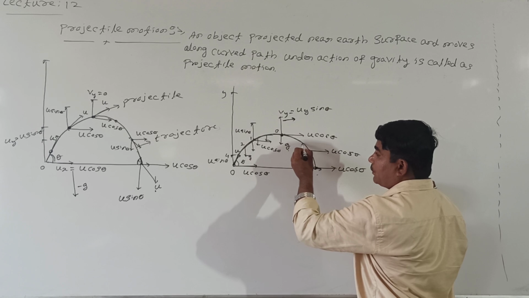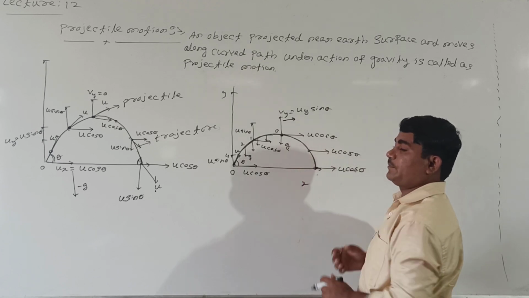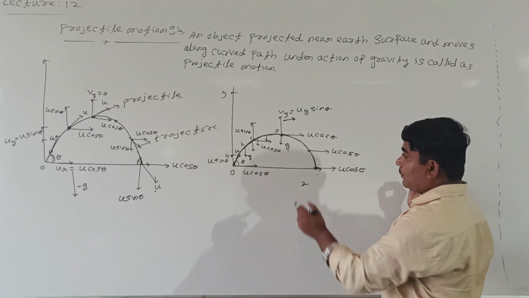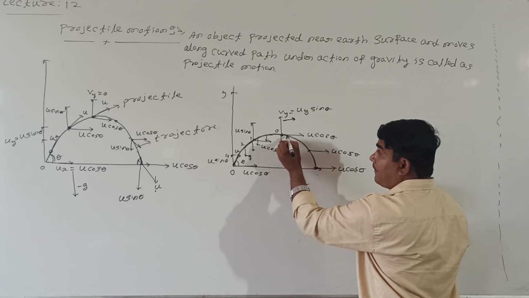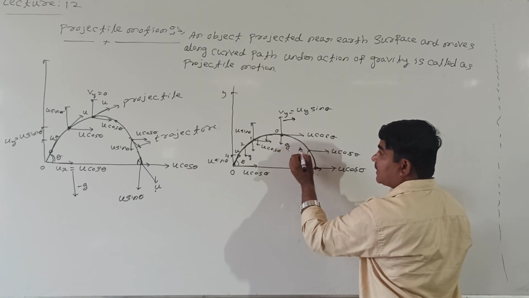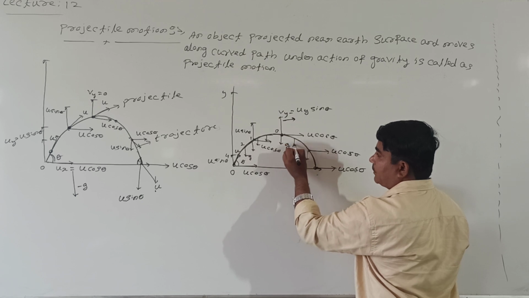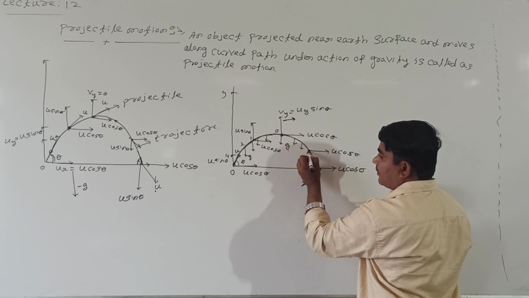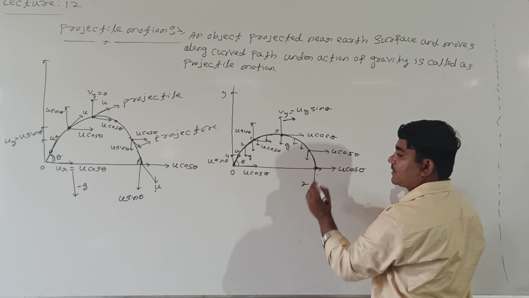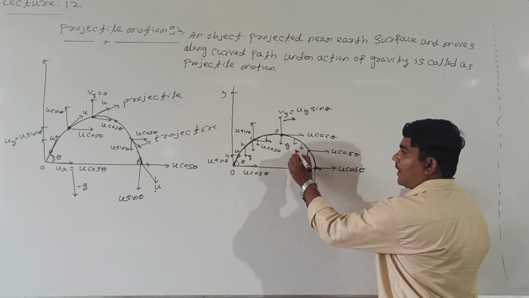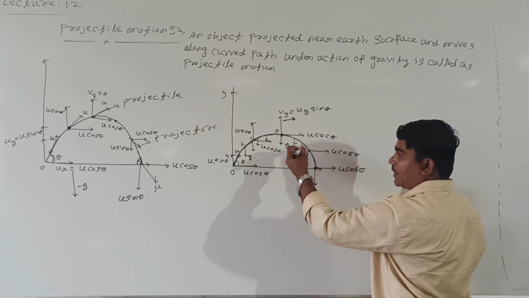From the highest point to the ground, what about vertical velocity? From the highest point to the ground, the vertical component of the velocity gradually increases. At this point, again at this point, it reaches the maximum value, because g is acting in the downward direction.